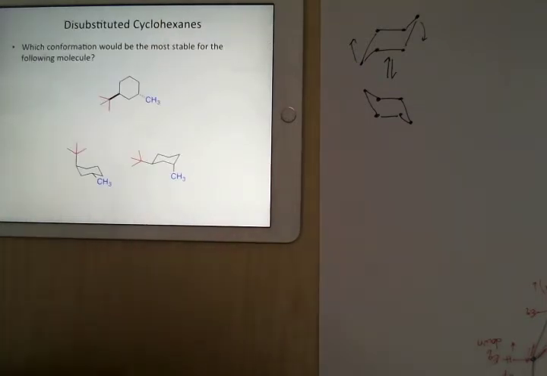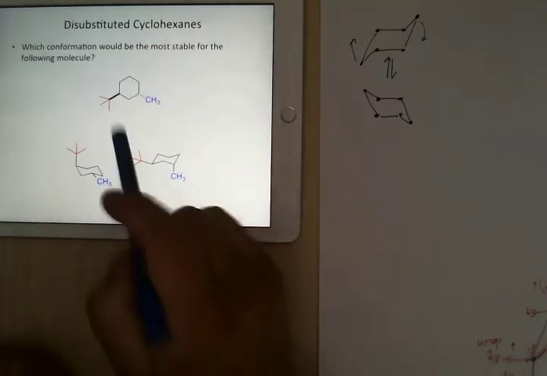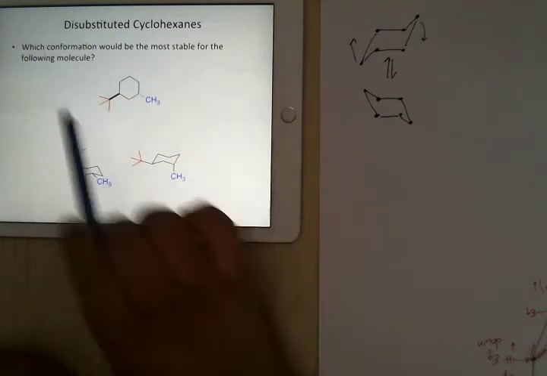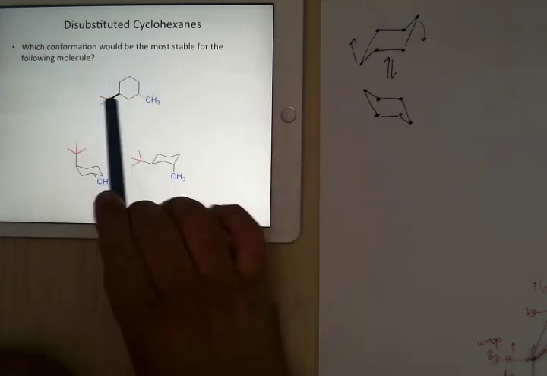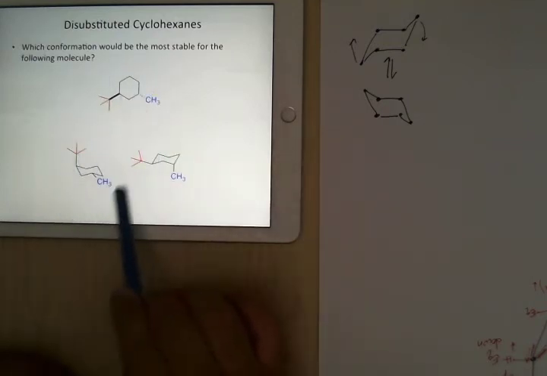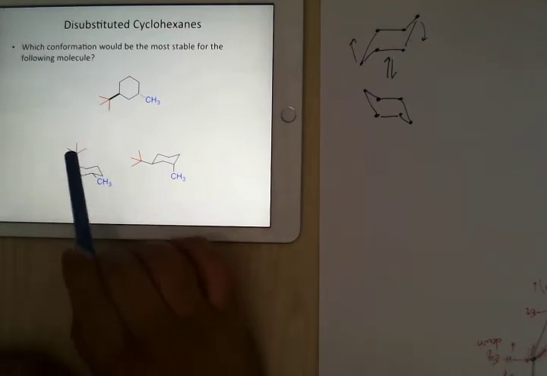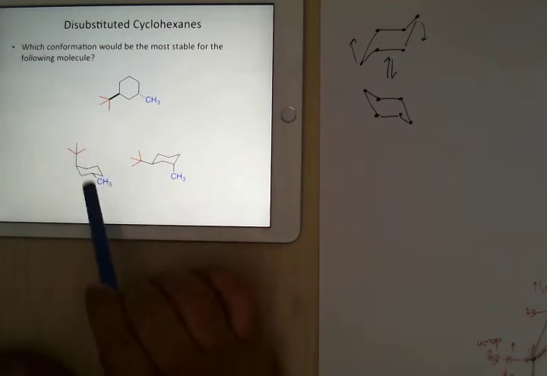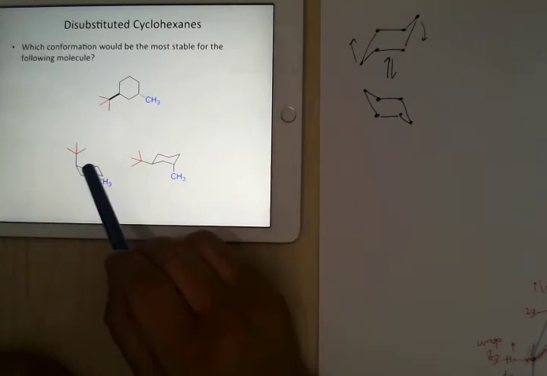Okay, so for here, you're going to say, which molecule is more stable? This is coming up, this is going down. So we have the t-butyl group axial and the methyl group equatorial here, because notice the carbons are pointed up, so there's an axial hydrogen here going up.